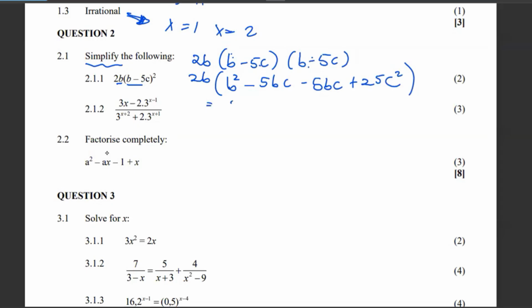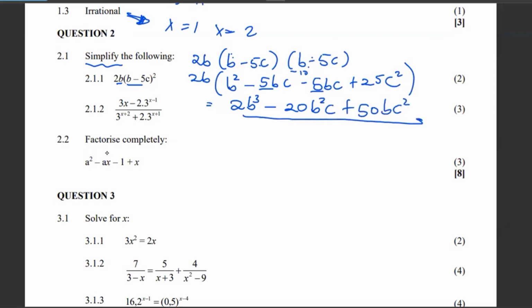So that's going to be 2b cubed. This is 5, this is 5, it's going to give me a negative 10. That's going to give me negative 20b squared c. And then I have a 50bc squared. This becomes my final answer for 2.1.1.